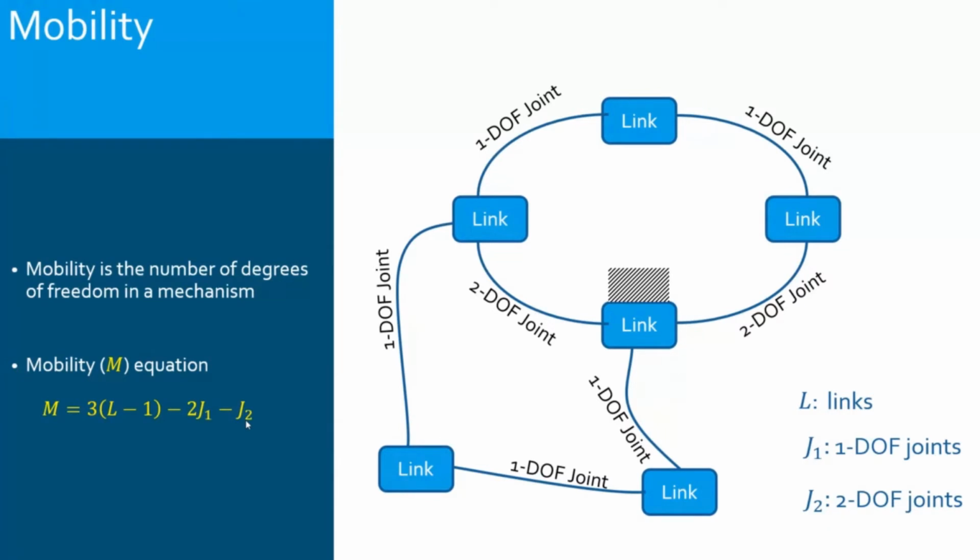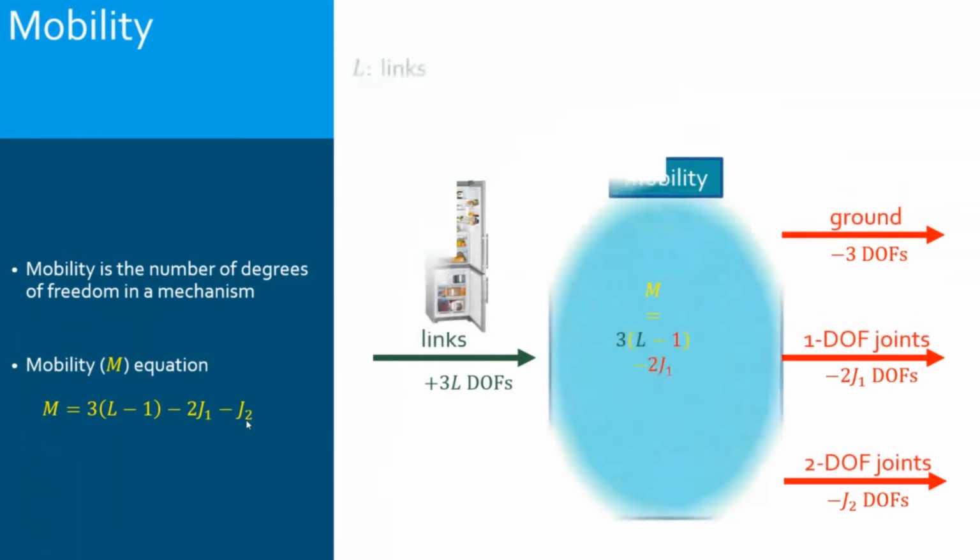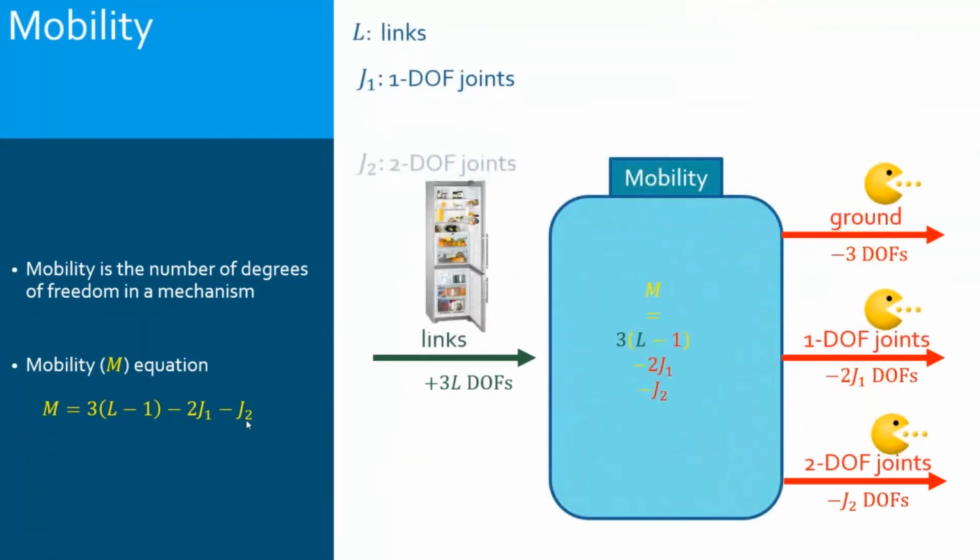The mobility is the balance between what is available, what you put as degrees of freedom in the mechanism in each link, and what you consume by the ground and the different kinematic pairs.